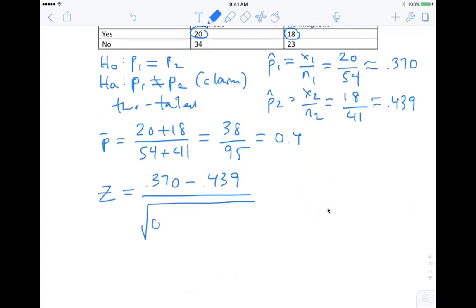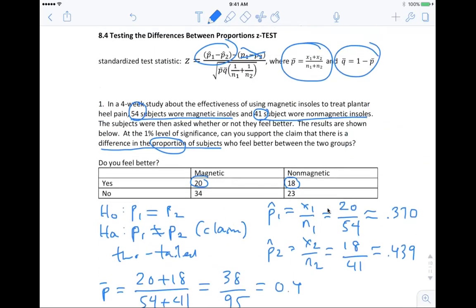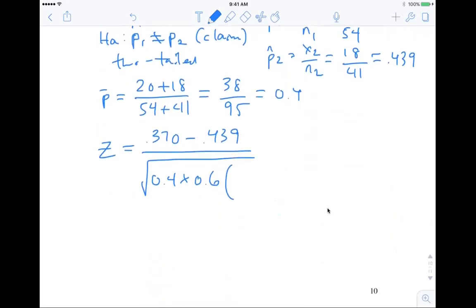P bar, 0.4, and then Q bar, 0.6, and then we got in the formula a 1 over n plus 1 over n. By the way, that 0.6 is 1 minus P bar, so it's 1 minus 0.4 is 0.6. And then we have a 1 over 54 plus 1 over 41.